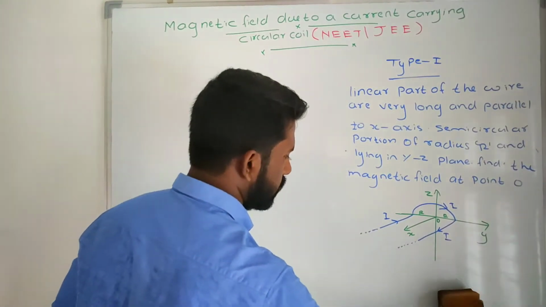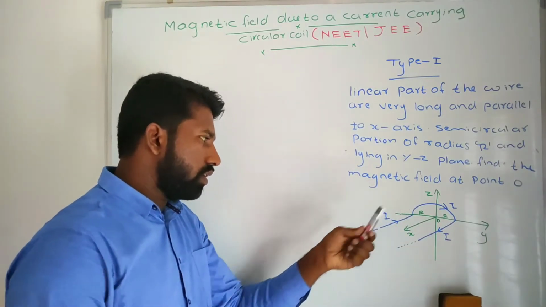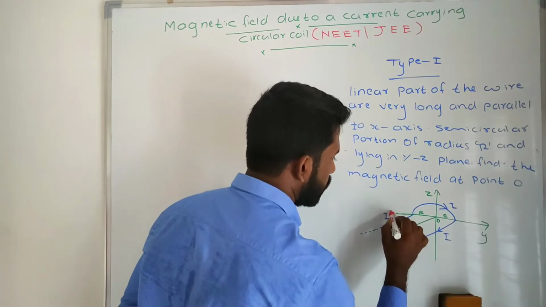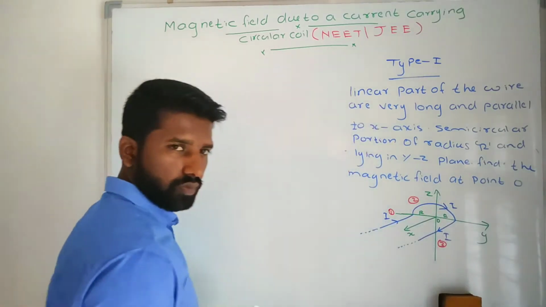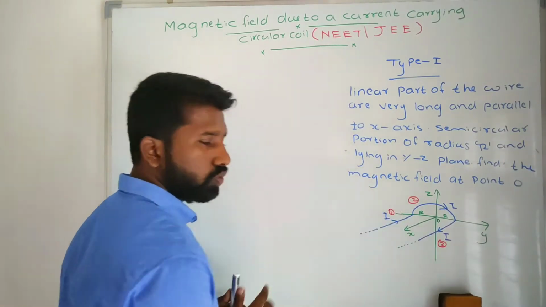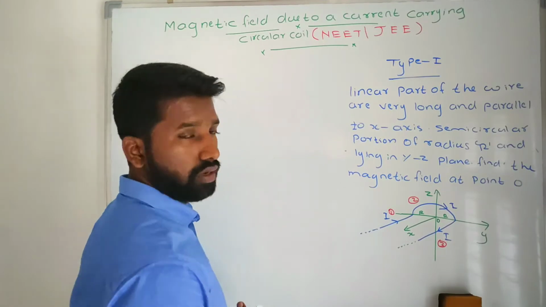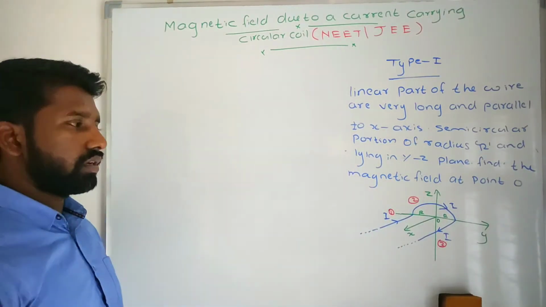They have given us the linear portions. These two are the linear portions. I am going to split this loop into three sections. This is 1, this is 2, and this is 3. Sections 1 and 3 are infinitely long, and 2 is a semicircle.